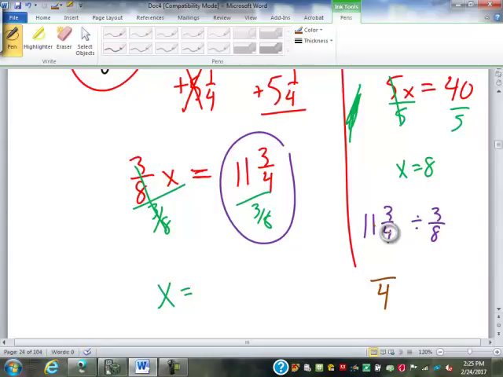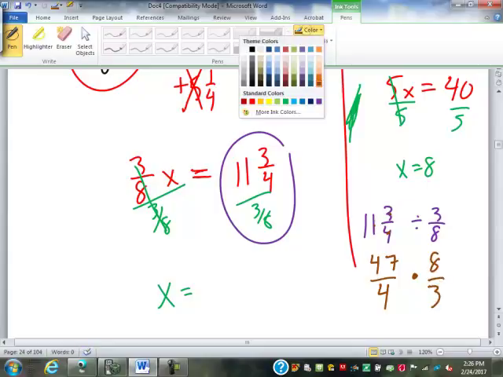Eleven times 4 is 44, plus 3 is 47. And instead of dividing by 3/8, we're going to multiply by 8/3. Good.